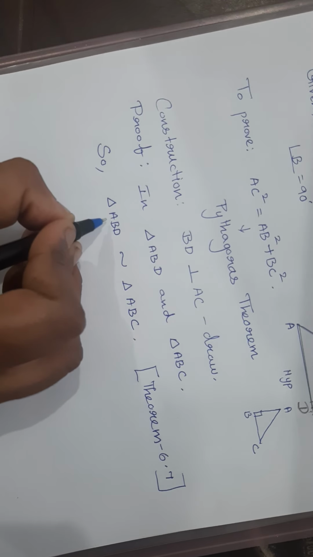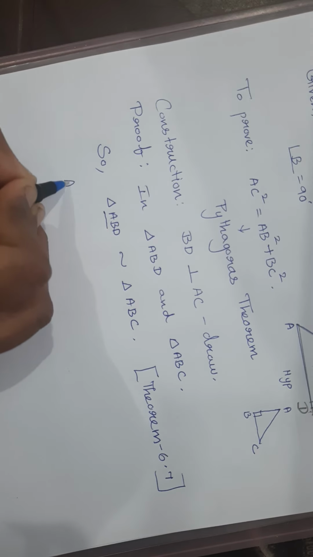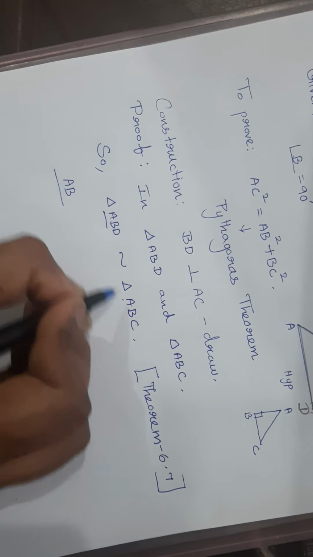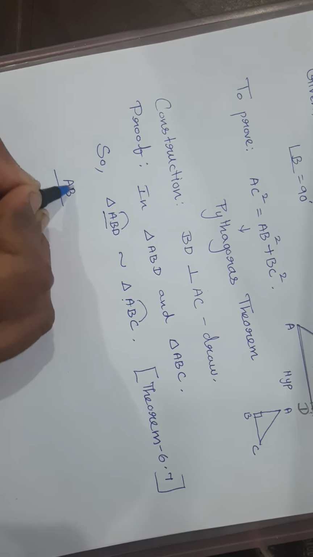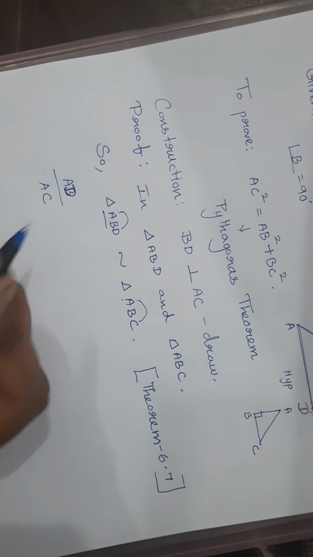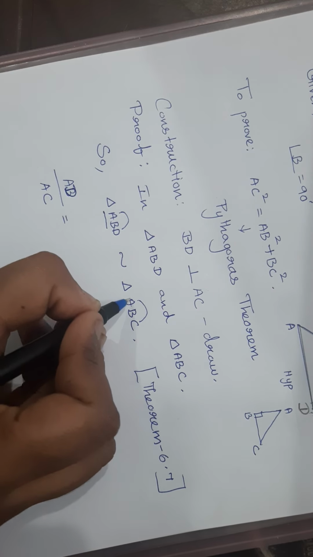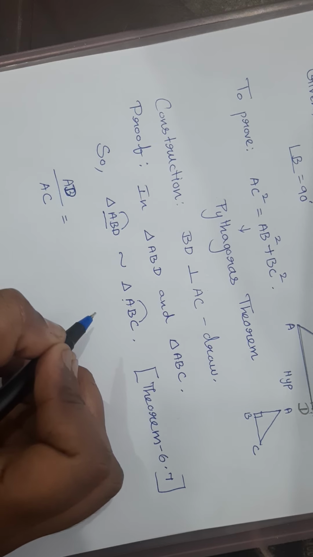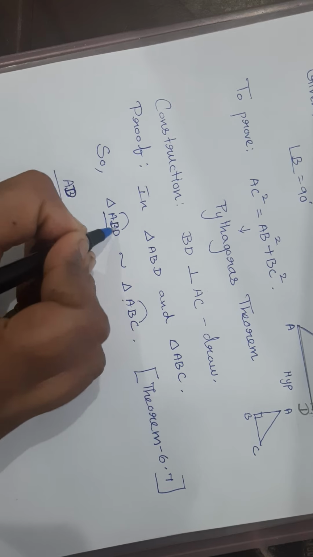First you take AB upon AC equal to AD upon AB.